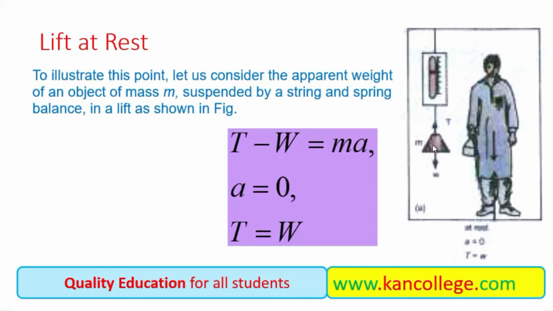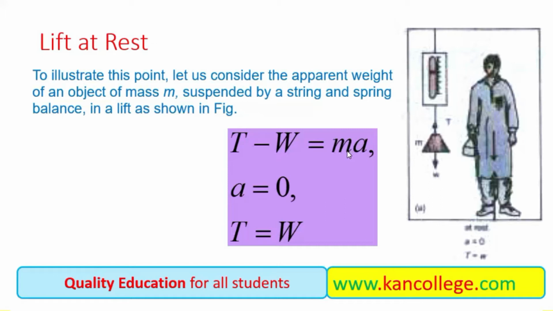If the body is at rest, the net force will be equal to 0, as tension is in the upward direction and weight is in the downward direction. It means there is no acceleration, as acceleration is equal to 0. So net force is equal to 0.